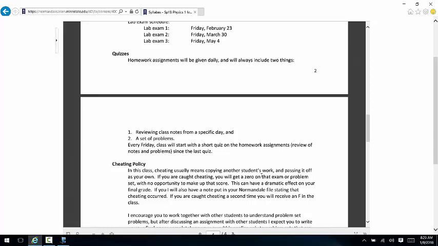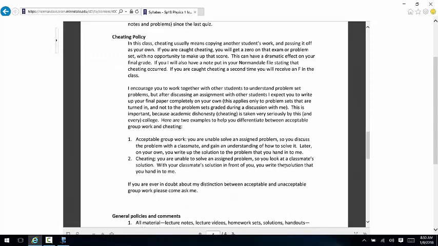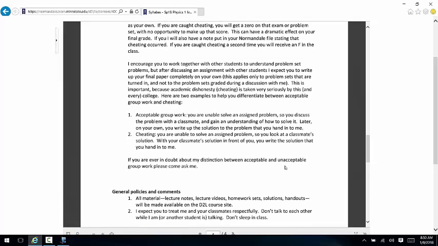And then this is the cheating policy, some stuff of mine, some stuff from Normandale. I don't know, maybe. That's a good question. I've never yet had any problem with really clear cheating with Dimensions Academy.